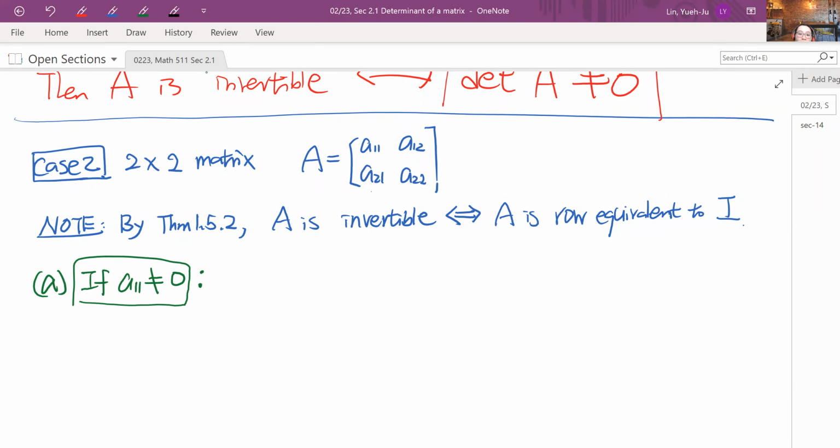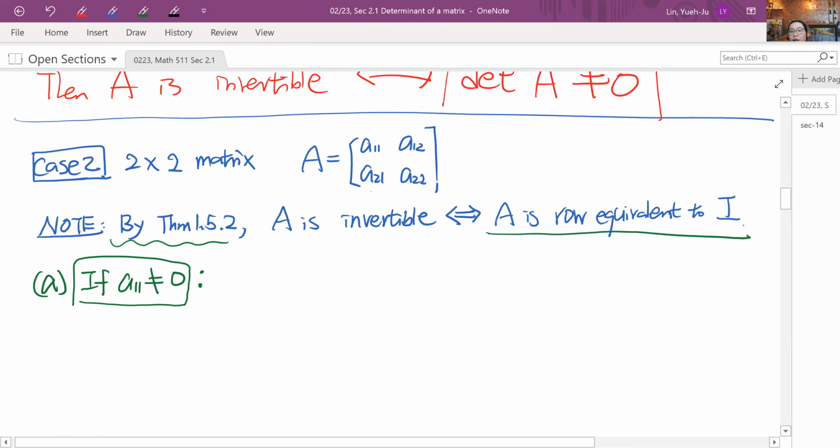Okay, so I'm going to use this theorem coming from 1.5. It tells us that A having an inverse, or A being invertible, is equivalent to the following fact. You probably still remember there was a theorem that has 3 equivalent statements. One of them says that A is invertible if and only if A is row equivalent to identity.